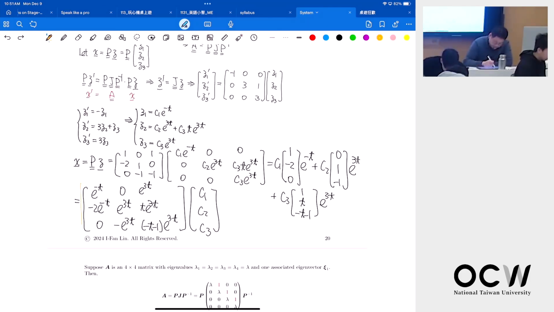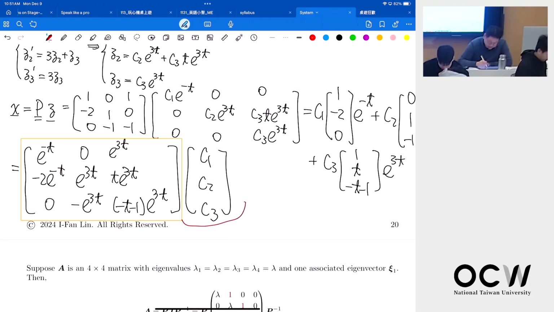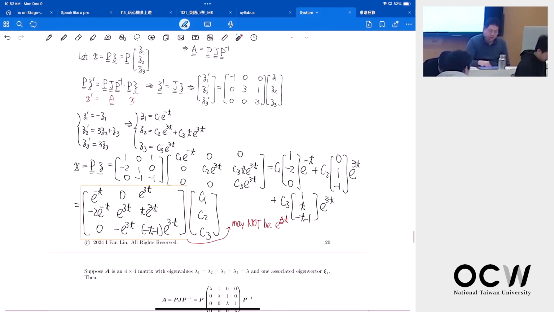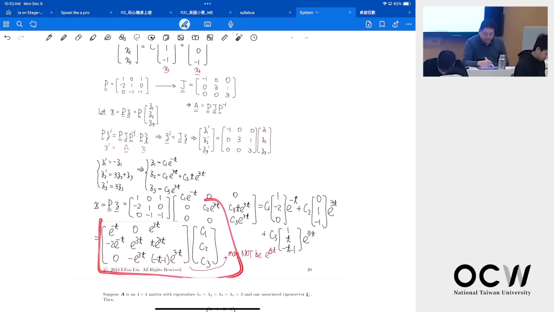For this part, it is very important that we change the variables to find the answer, but this matrix may not be e to the At. So that's why I said in the beginning that we can use this method to find the answer. Changing variables, we still can find the answer, but this is not e to the At, may not be e to the At.